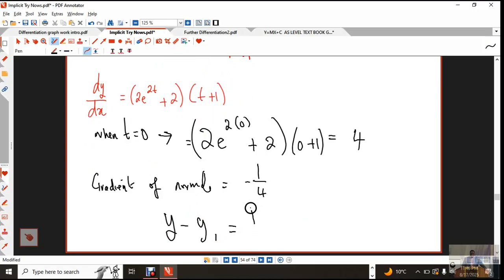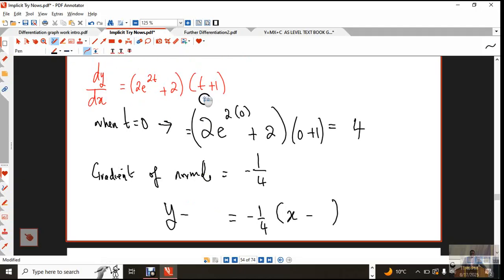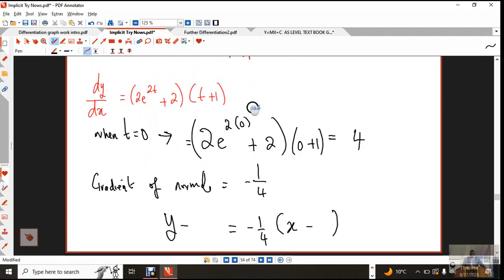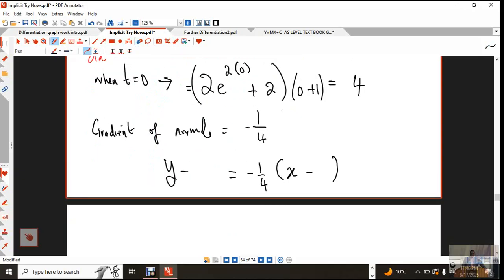So it's our normal that I've already calculated. So it's going to be that gradient, negative 1 over 4. And then you have x minus our x value. So remember our point for x and for y, we already calculated. We said if x is equal to 0, y is equal to 1. So 1 over here, 0 over there.